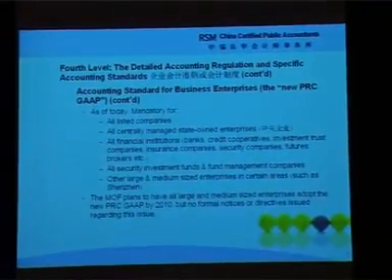In most parts of China, a timetable has been established for the transition to the new GAAP for non-listed companies.